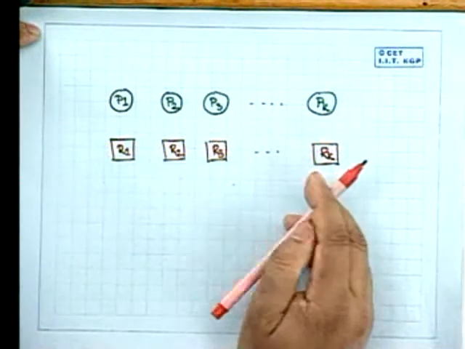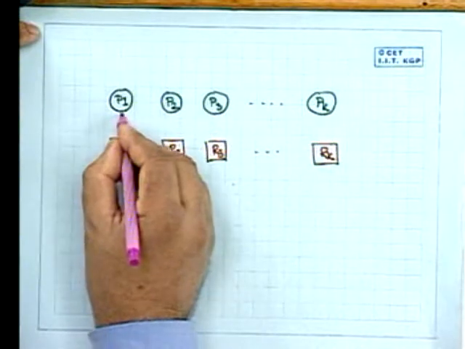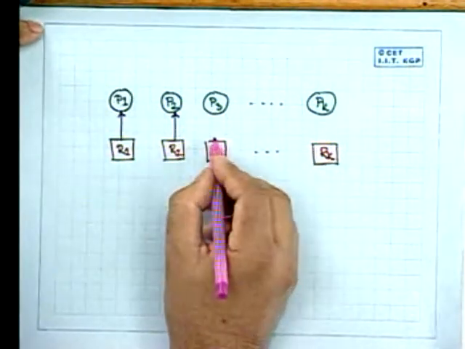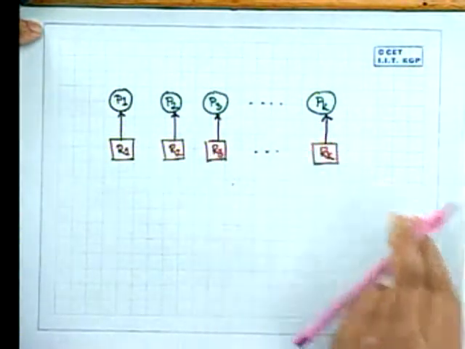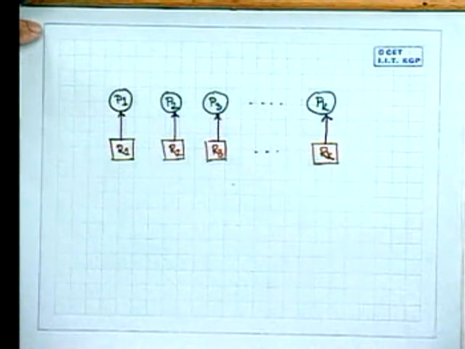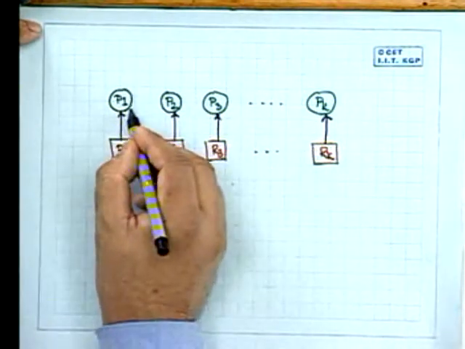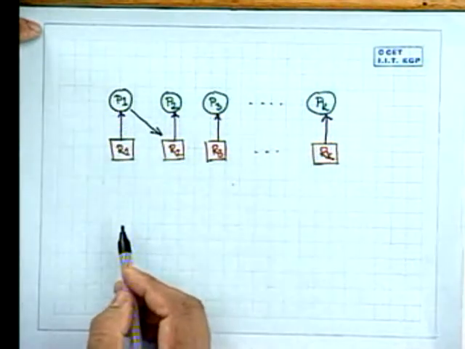The situation is that R1 is being held by P1, R2 is being held by P2, R3 by P3, and Rk by Pk. And P1 now requests R2.